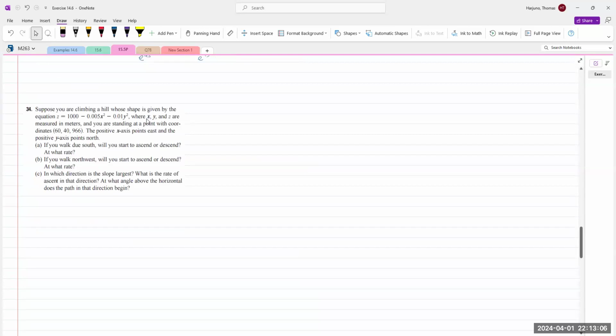Number 34. Suppose you are climbing a hill whose shape is given by this equation, where x, y, z are measured in meters, and you are standing at the point with coordinates 60, 40, 966. The positive x-axis points east, and the positive y-axis points north, and the position is 60, 40.